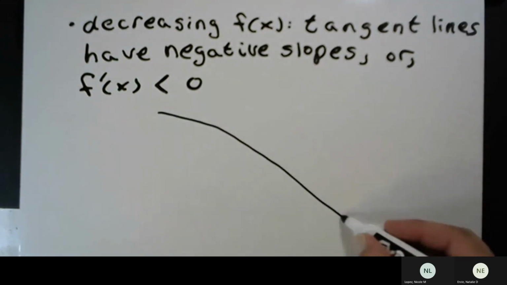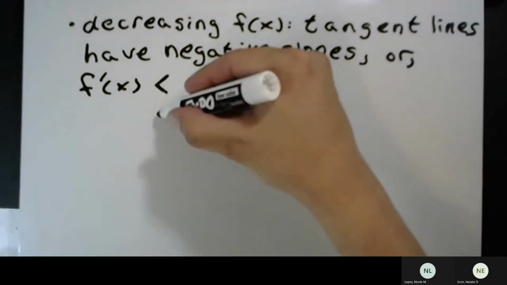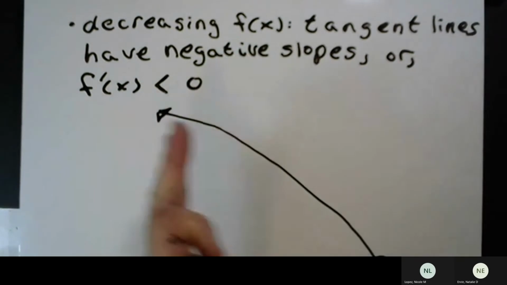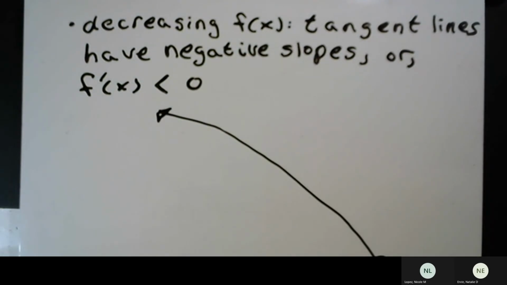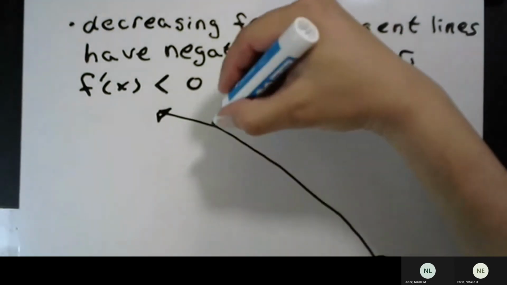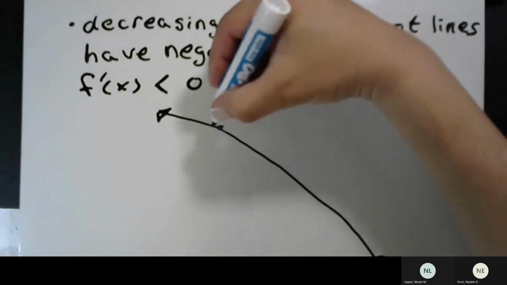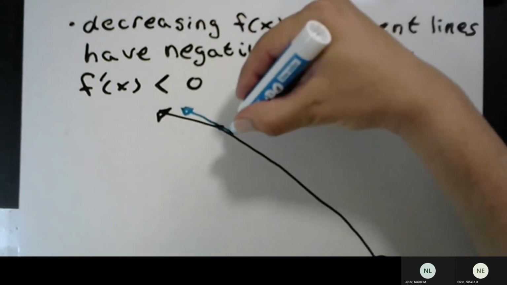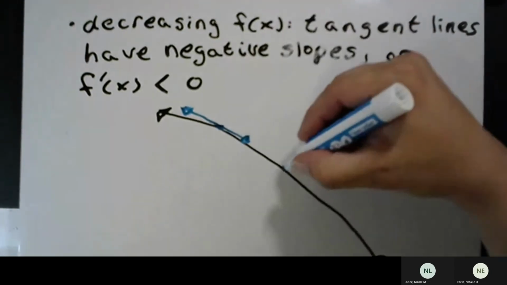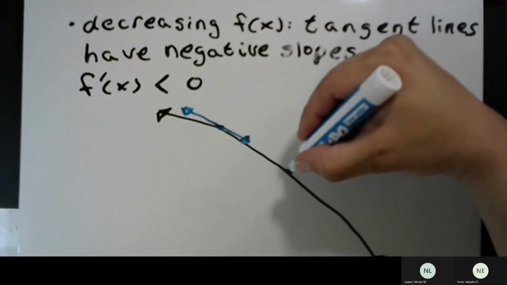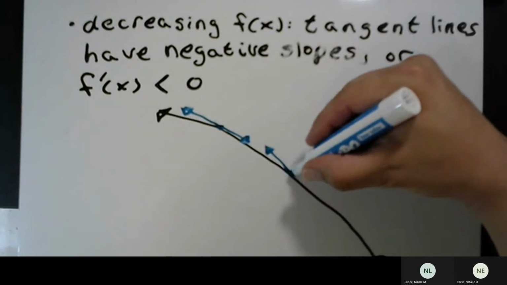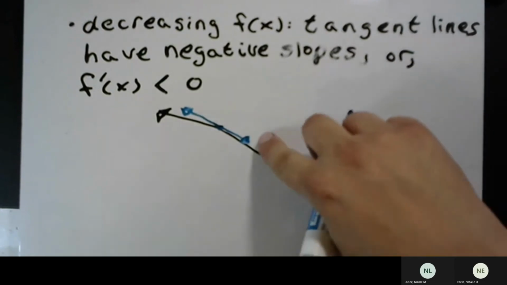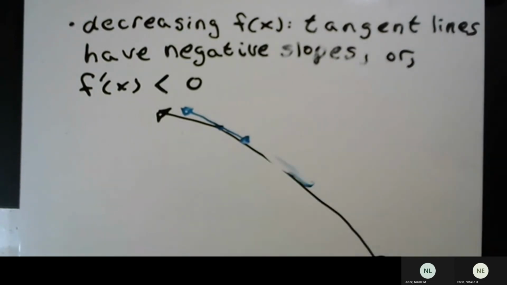And again, we judge increasing and decreasing as we go left to right. If we take a look at the tangent lines, they have slopes that are equal to the derivative at this point, a little more line-like.